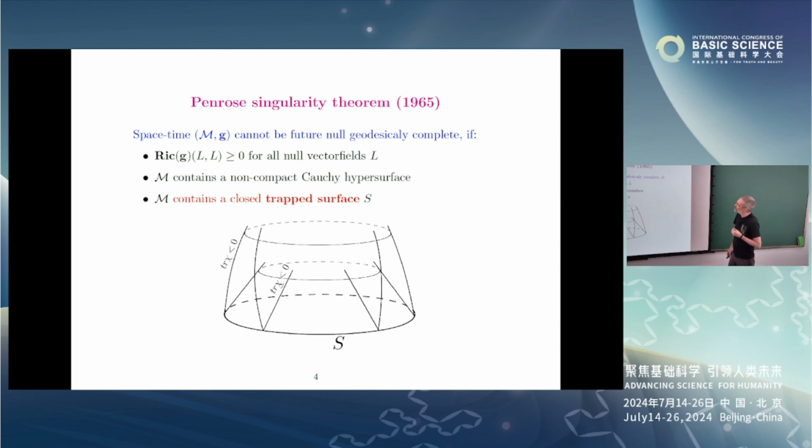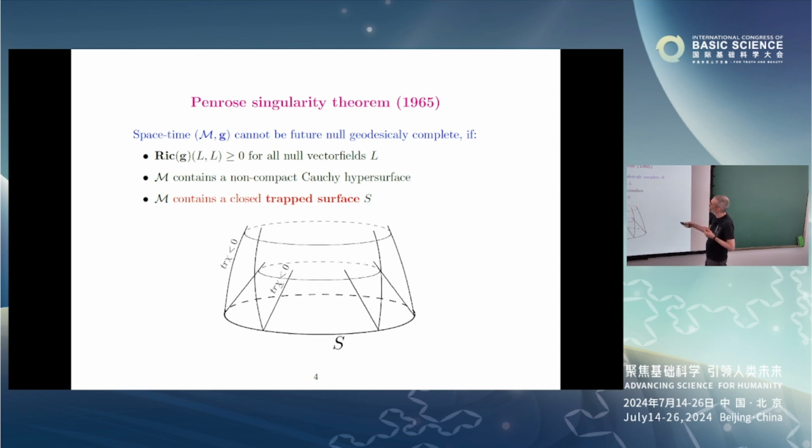It's something much more general, and that's the celebrated Penrose singularity theorem from 1965, for which he recently was awarded the Nobel Prize. And it states the following. It gives you 3 necessary conditions to obtain a spacetime with singularities. As you will see, these conditions are very general, so they have absolutely nothing to do with symmetries. Here I should be a bit more precise. Penrose doesn't prove that the singularity forms.